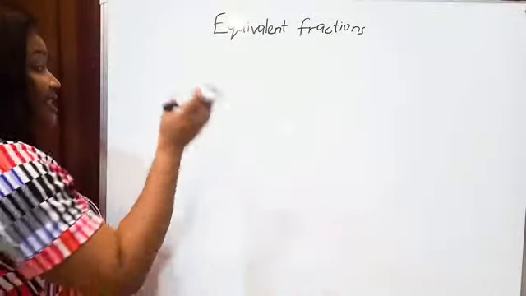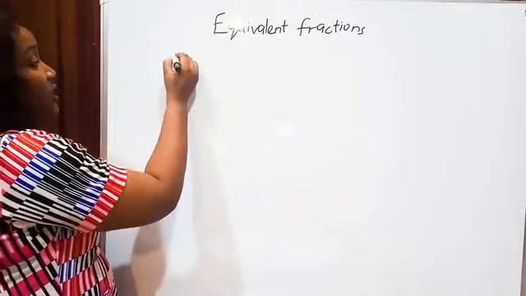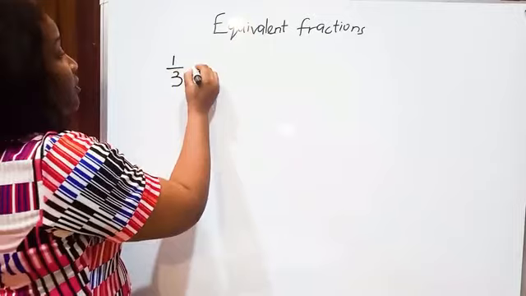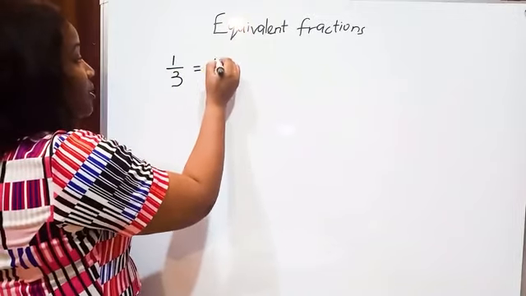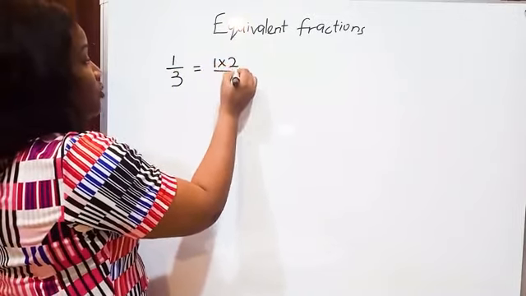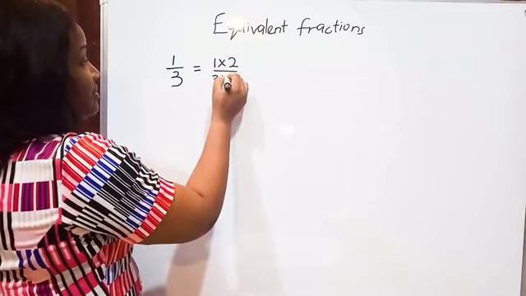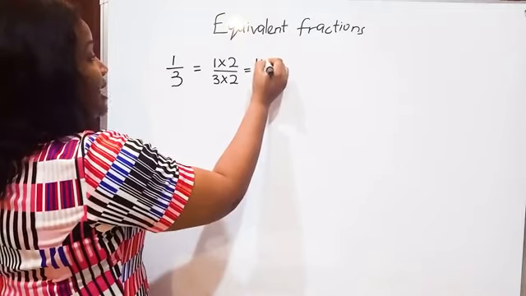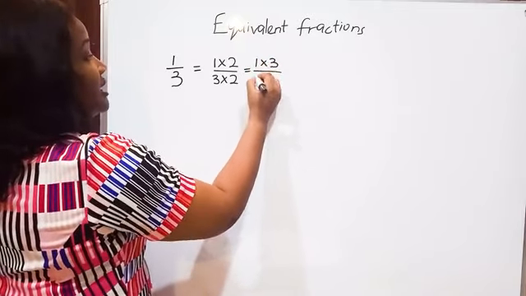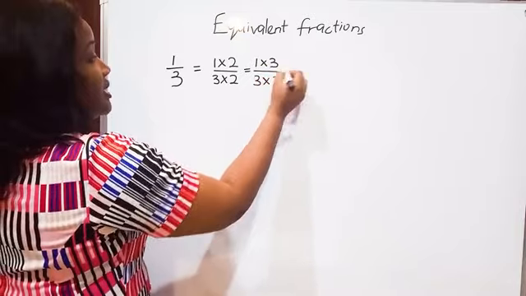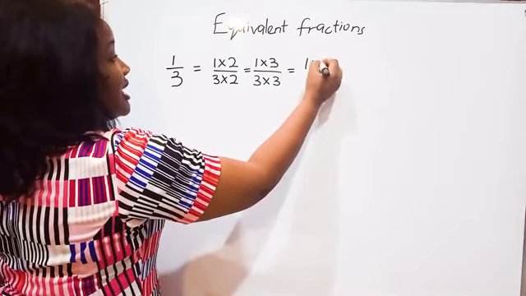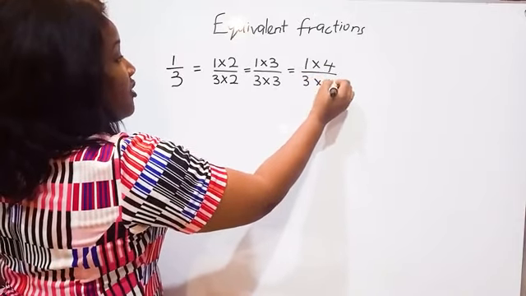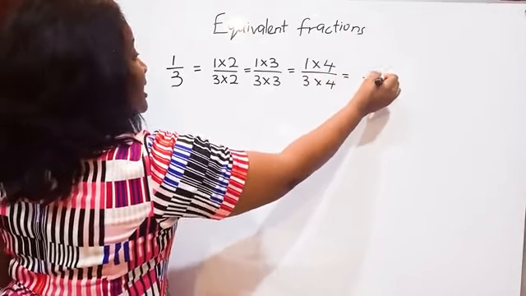So, just the same way we did for half, let's look at 1 over 3. Okay? 1 over 3 is the same as saying 1 times 2 over 3 times 2, which is the same as saying 1 times 3 over 3 times 3, which is the same as saying 1 times 4 over 3 times 4, and it goes on and on like that.